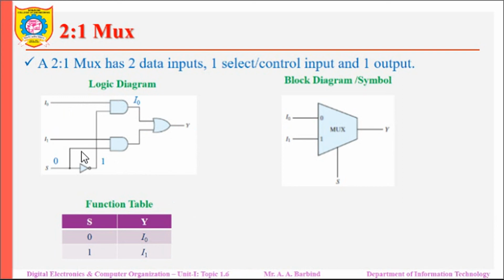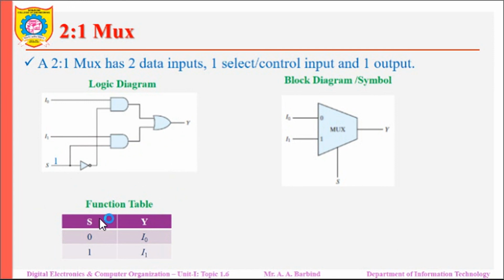The input to the second AND gate is 0. One of the inputs is 0, so its output will be 0. Then this OR gate will OR these two, as this is I0 and this is 0, so I0 OR 0 is I0. Finally the output is I0. So when S is 0, your output is I0.